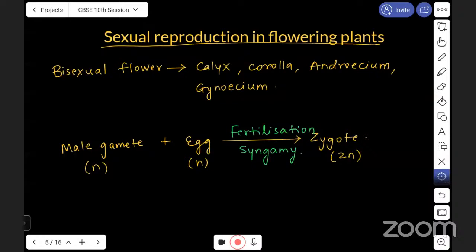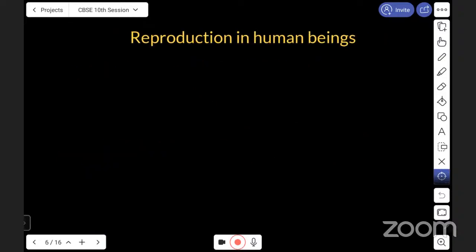Yes. Okay. Next topic जो आपने important यहाँ पे पढ़ा है, that is reproduction in human beings. Okay. So here basically you should be thoroughly prepared with all the changes which occur at puberty in both girls and boys. This is a very common question. Okay. Yes.